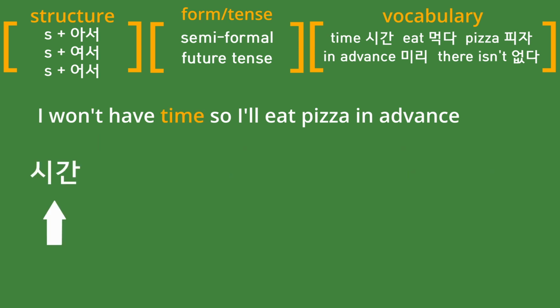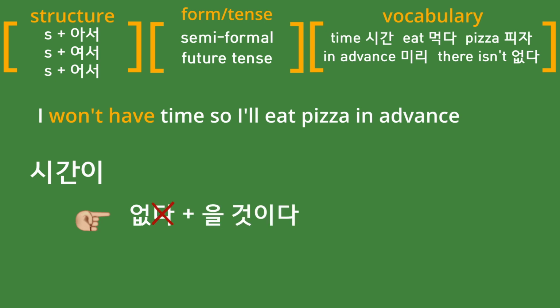Time, 시간. Let's put the particle 이. Not have or there isn't. 없다. Let's conjugate to the future tense. Remove 다, add 을 것이다. 없을 것이다. 시간이 없을 것이다 is the first clause that explains the reason why I will eat pizza in advance. Remove 다, add 어서, 없을 것이어서.